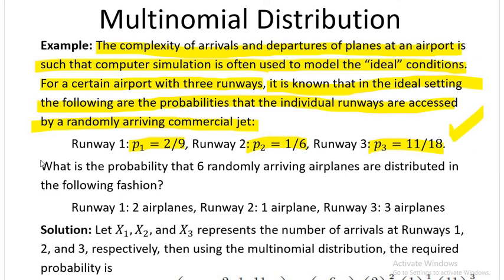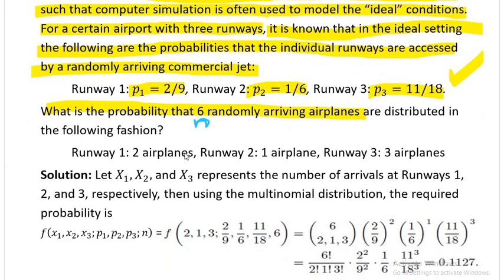Okay. He said, what is the probability that 6 randomly arriving airplanes, so see, this is my n now, we considered 6, right? So this is my n. What is the probability that 2 airplanes use runway 1, 1 airplane uses runway 2, and 3 airplanes use runway 3?